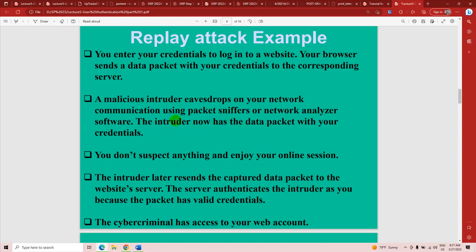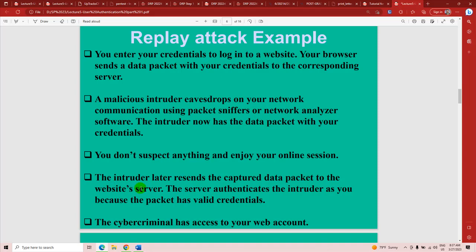Now the attacker has your credentials, but you and the server don't know that something is going on in the middle.